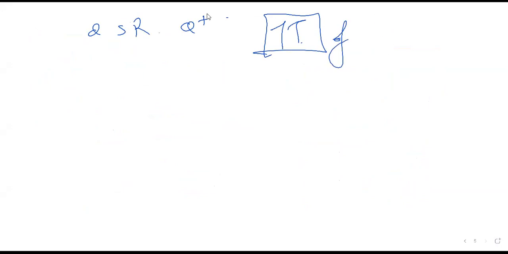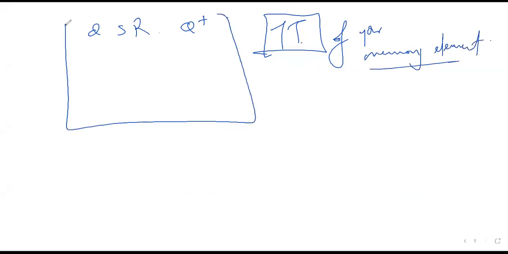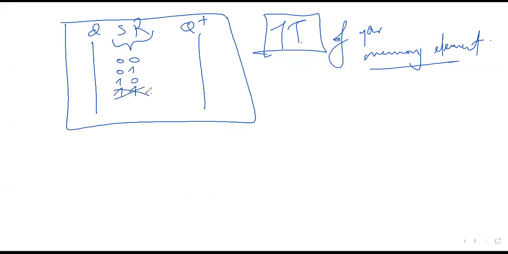If you understand the truth table, then you can come up with the characteristics table. For whatever input you have, you can come up with the corresponding next state, provided you know how these change: 00 memory, 01 reset, 10 set, and 11 we don't have.